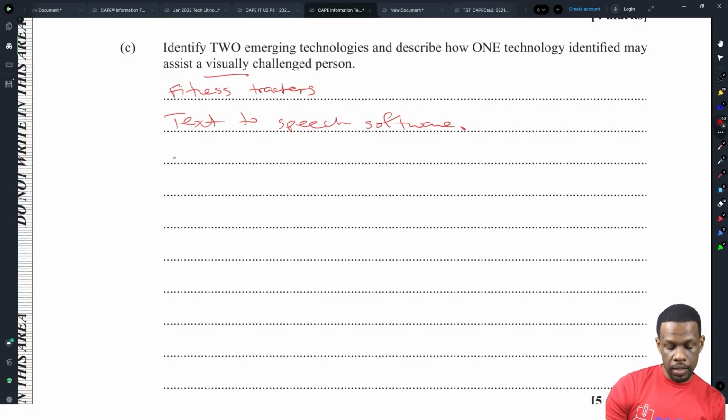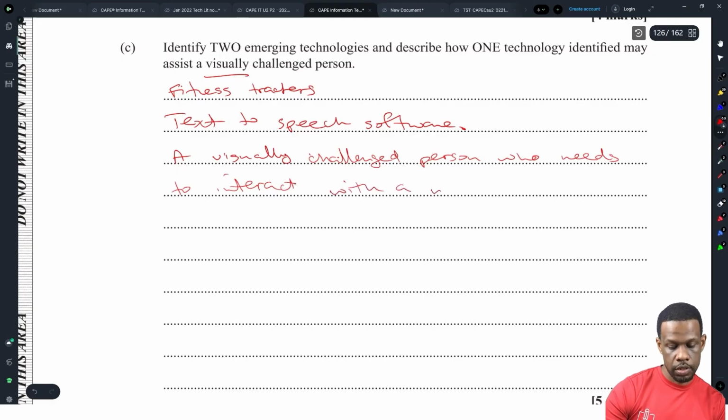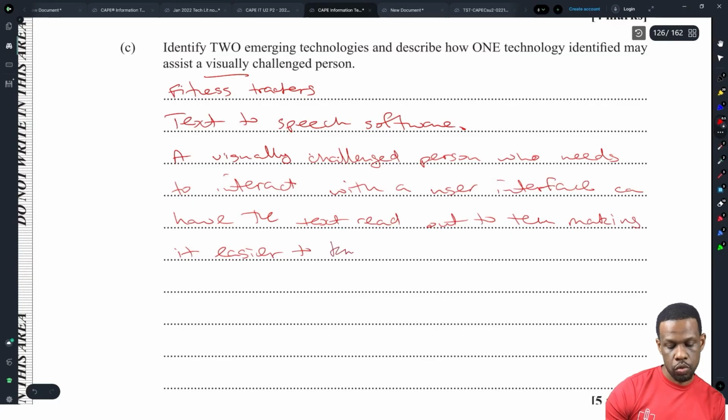A visually impaired person, a visually challenged person who needs to interact with a user interface can have the text read out to them, making it easier to know which menus are available for them to choose from.